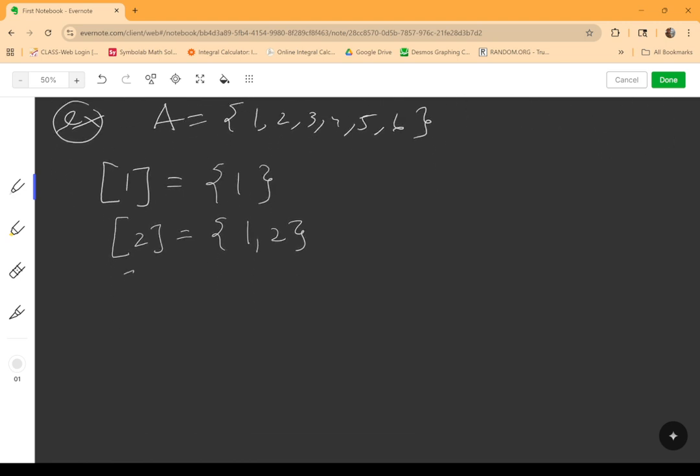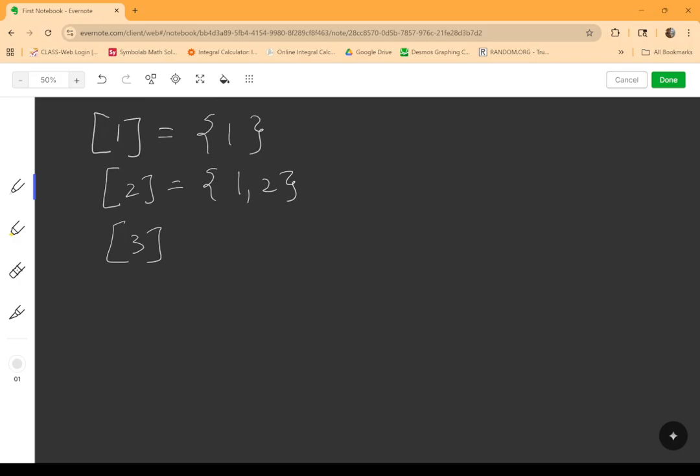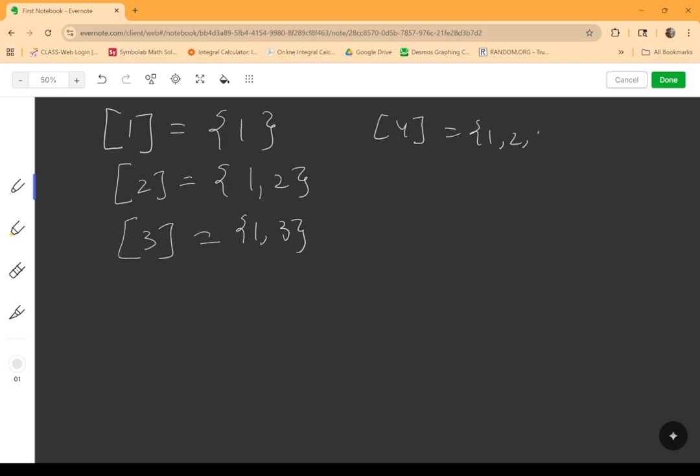The relation class of 3 would be the set 1, 3. For 4, the multiples are 1, 2, and 4.